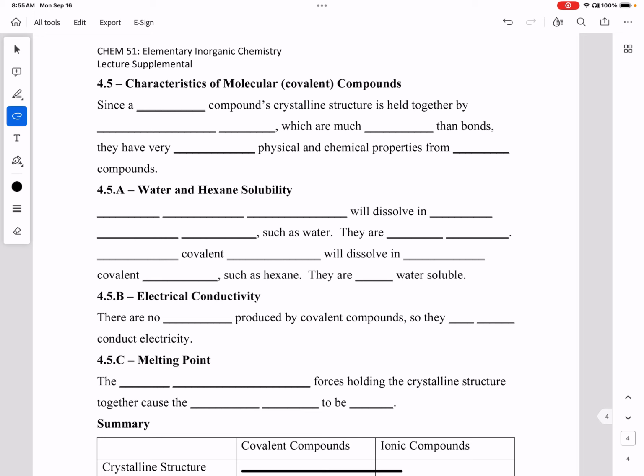Since a covalent compound's crystalline structure is held together by intermolecular forces, which are much weaker than bonds, they have very different physical and chemical properties from ionic compounds. So let's look at those.